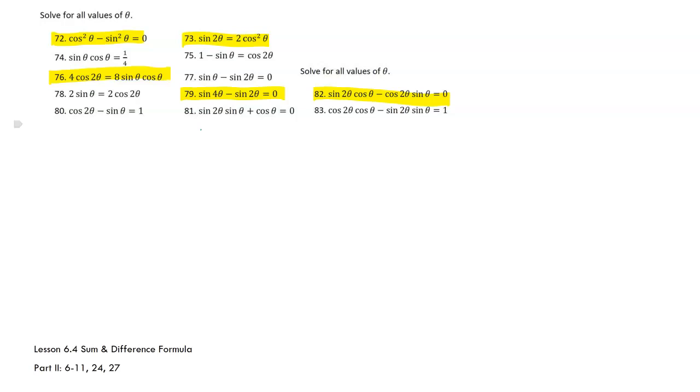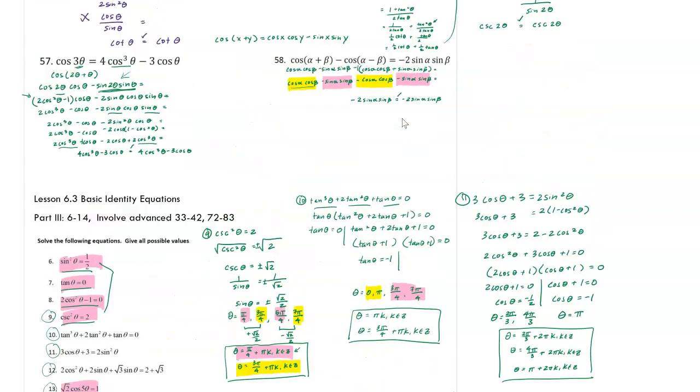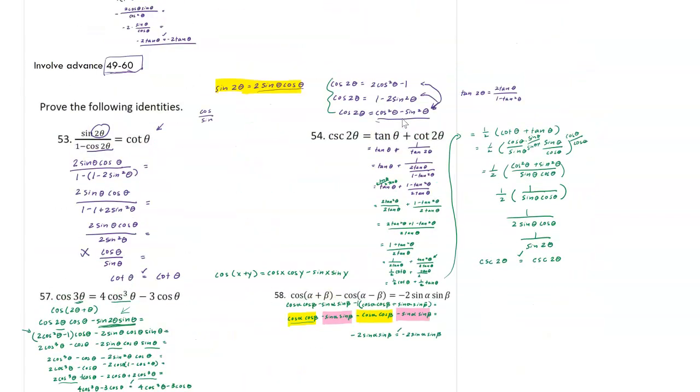Number 72. It says cosine squared theta minus sine squared theta equals 0. And if you look at the double angle identities, and I don't think we really went over this one, but if I scroll up here, and I'm going to give you these, that is the basis of cosine 2 theta.